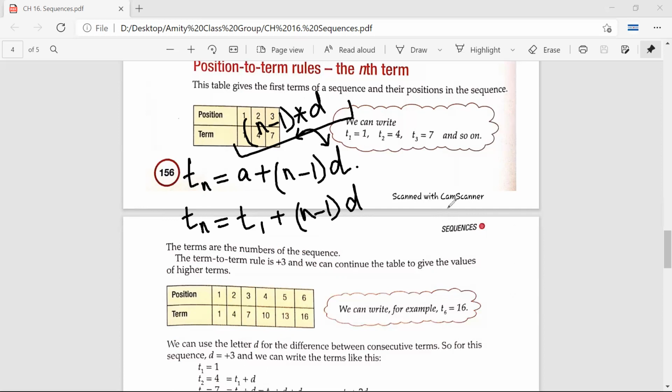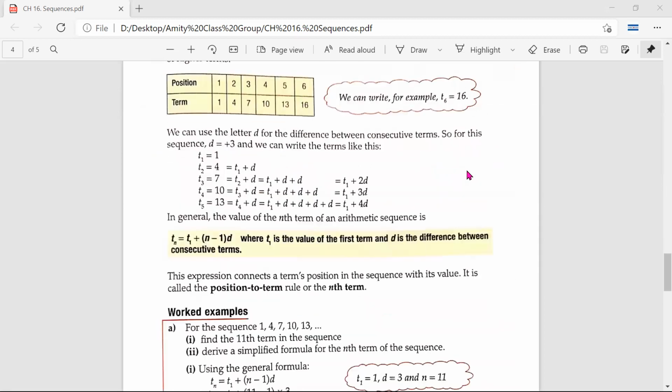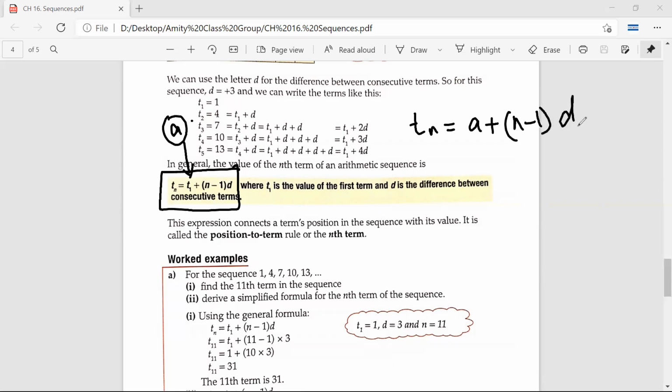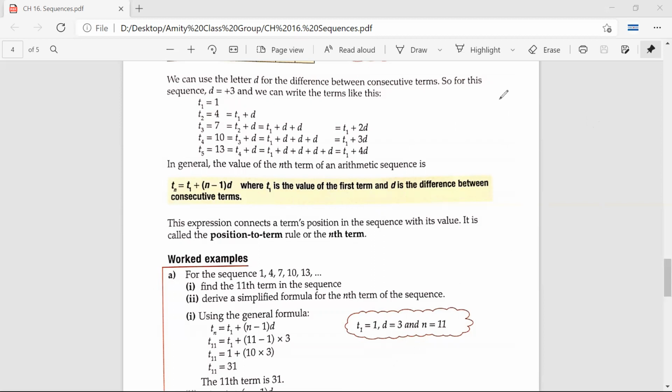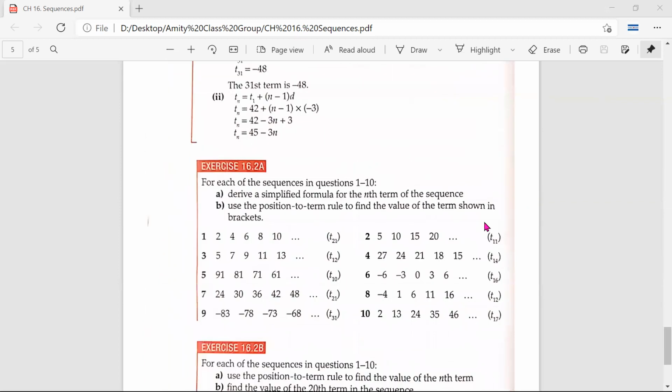No. So this is what your textbook is also mentioning, that Tn is equal to T1 plus n minus 1 into D. The only difference is that I have written T1 as A. Okay. So we'll do practice questions and we'll understand.